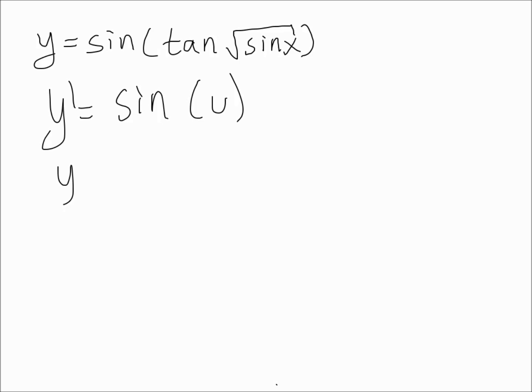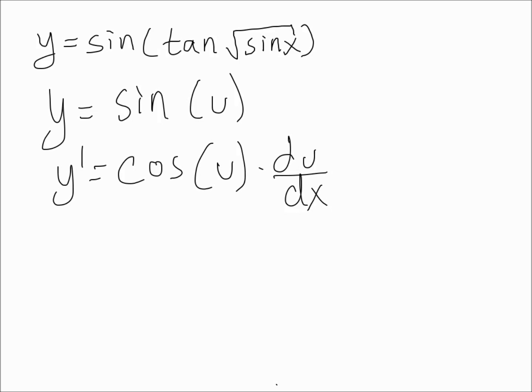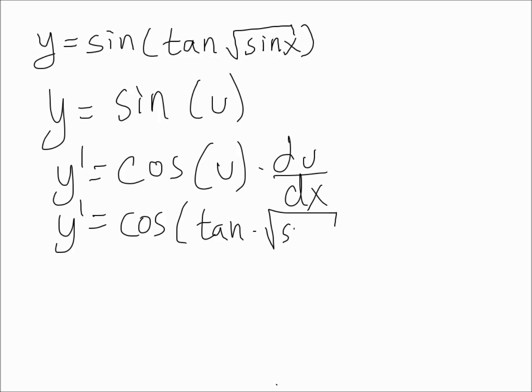So the y prime would be cosine of u times du/dx. Then we change the u for what we had inside, so that's tan of the square root of sine x, and that will be times du/dx, which is a little tough.